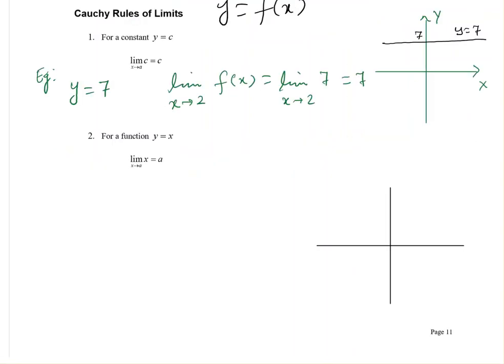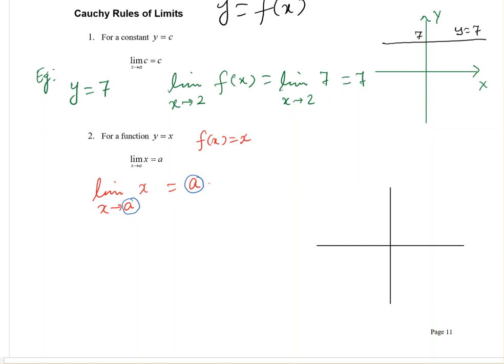The next rule is for a linear function. If you have f(x) equals x, then the limit x approaching a of x would be a. This and this are the same because we just plug in the value of x. This is our linear function. For example, if we have y equal to x and we try to find the limit, what is the value of f(x) as x approaches 100?